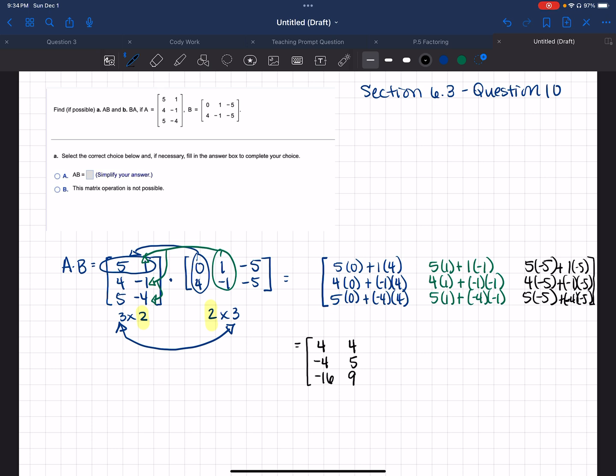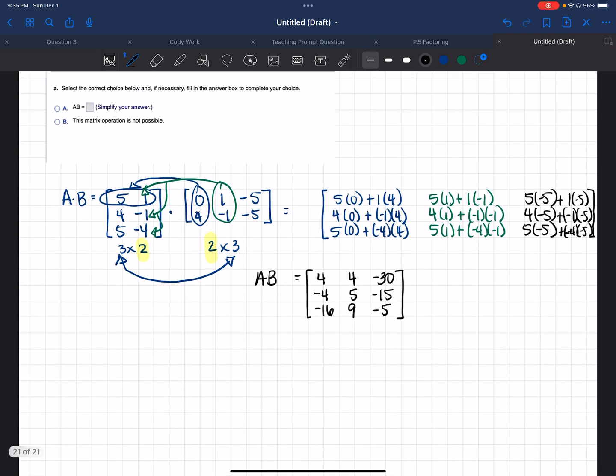Then negative 25 and negative 5 is negative 30. Negative 20 and 5 is negative 15. Negative 25 and positive 20 is negative 5. I'm just checking: negative 20 and positive 5 is negative 15, and negative 25 and negative 5 is negative 30. And that's going to be your answer for A times B.